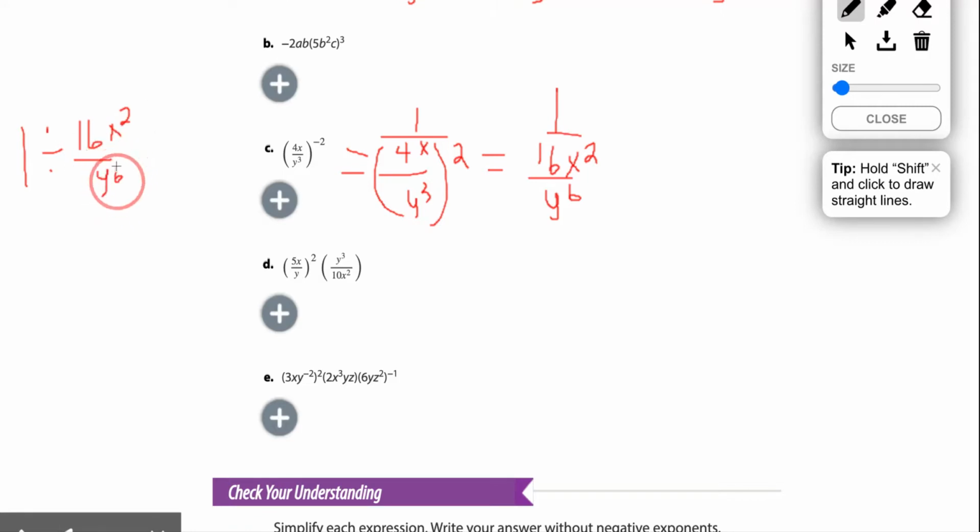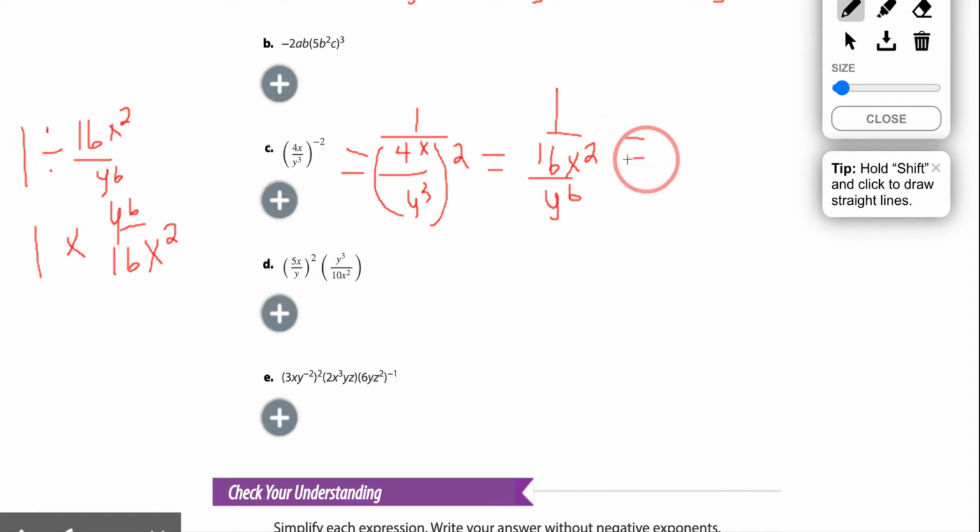And if you remember how to divide fractions, we don't like to divide fractions, so we do the keep, change method, where we keep the first number, change it to multiplying, and change the second one by taking the reciprocal, y to the 6th over 16x squared. And 1 times anything is just this number, so it's going to be y to the 6th over 16x squared.